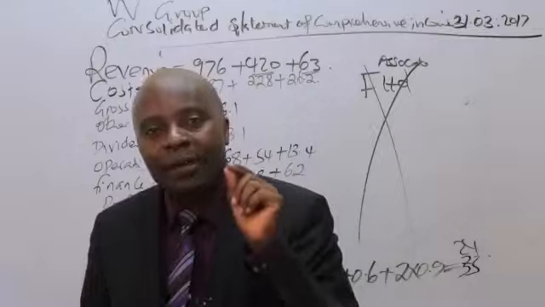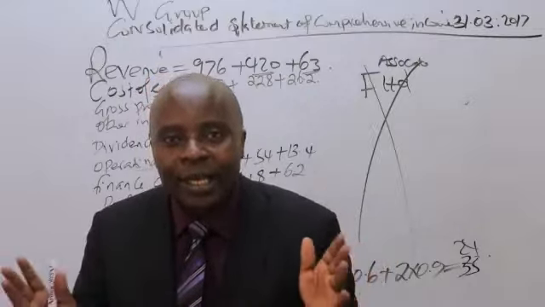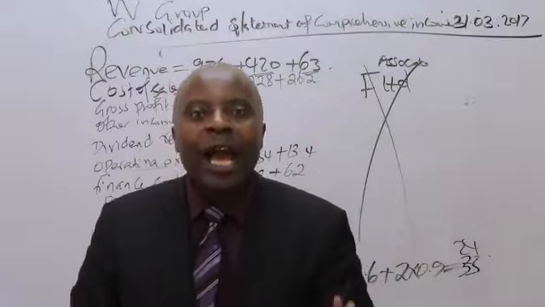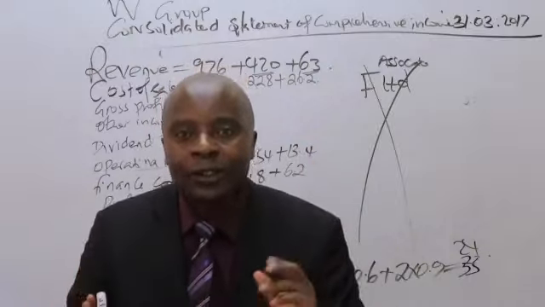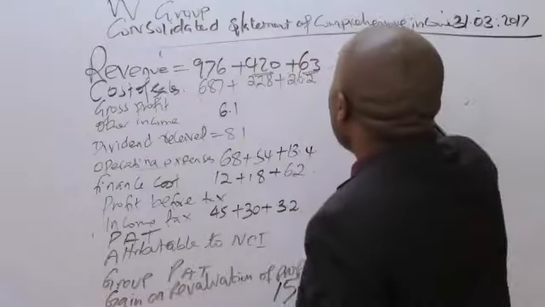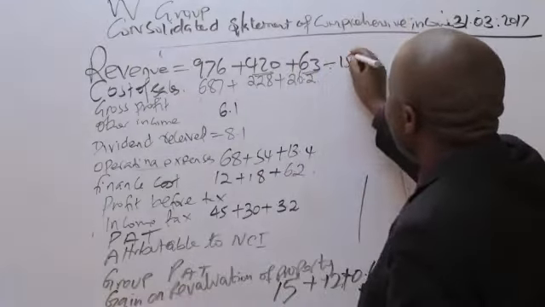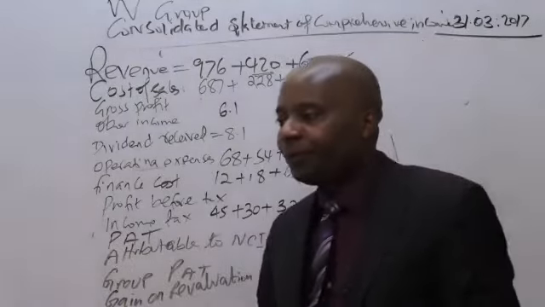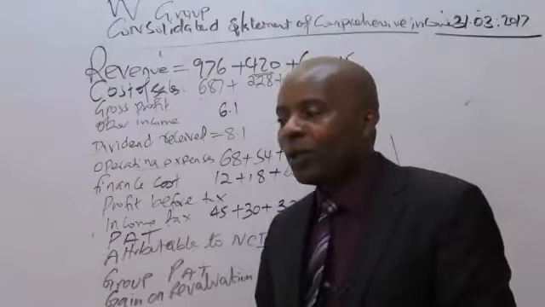Ladies and gentlemen, remember that intra-sales should always be deducted from the group sales and the group cost of sales. So come to the group sales here and you subtract 15, and the cost of sales, subtract 15 there. What have I said?